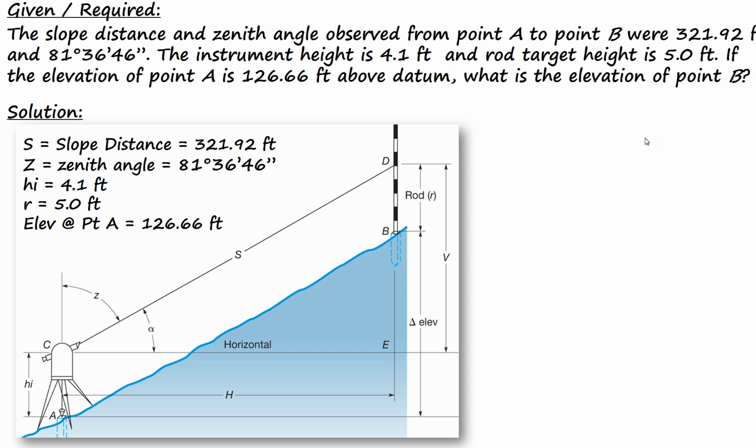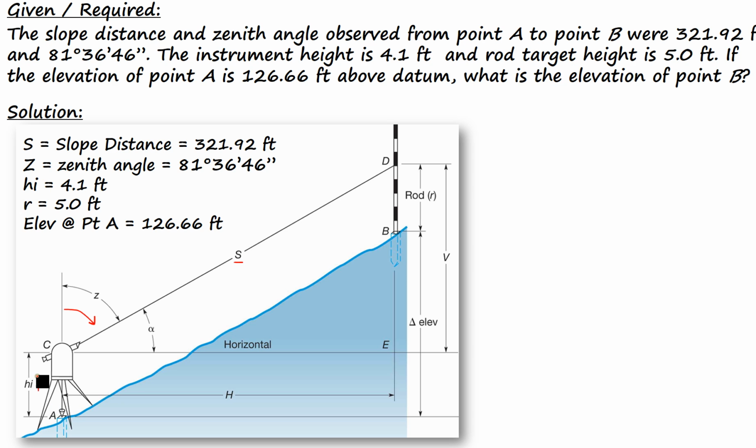So we fill out the information. The slope distance from point A to point B is 321.92 feet. The zenith angle here is 81 degrees, 36 minutes, 46 seconds.